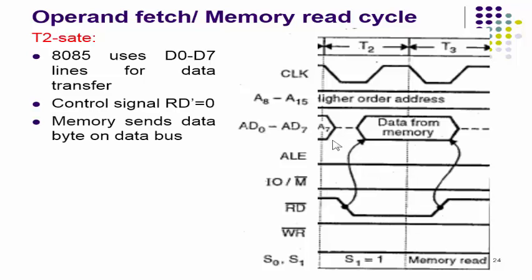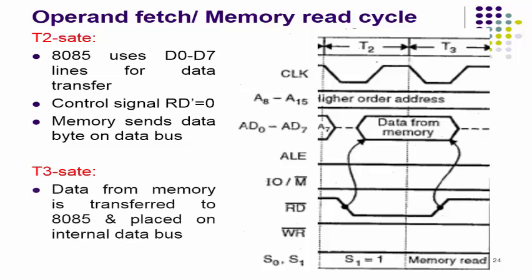And the short duration ALE signal goes high in this particular T1 state to demultiplex address lines from data lines. Then in T2 state, 8085 uses the D0 to D7 demultiplexed lines for data transfer. Then the control signal read bar is made 0 to read the data from the memory.